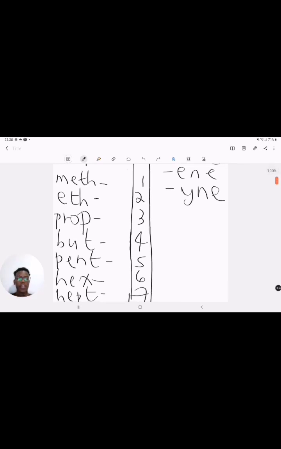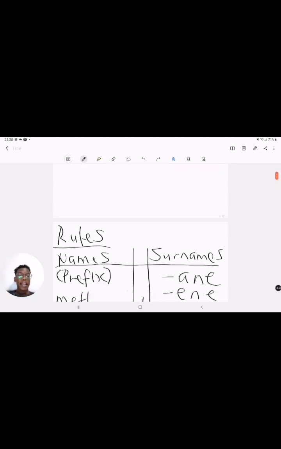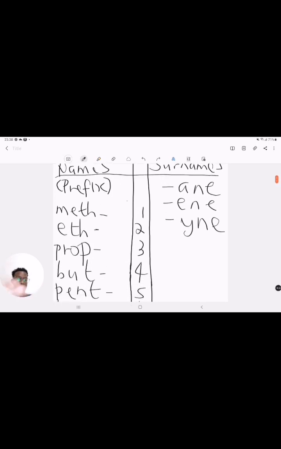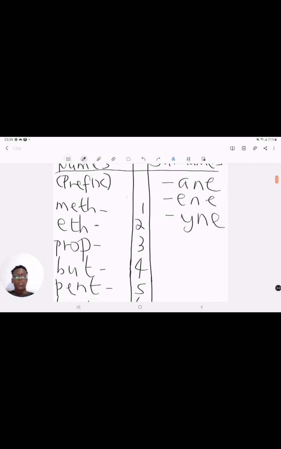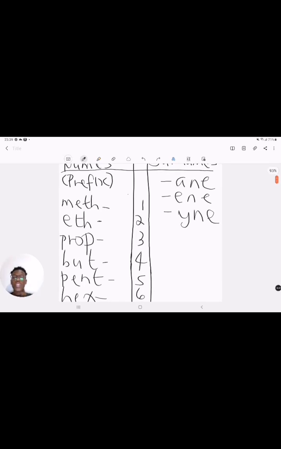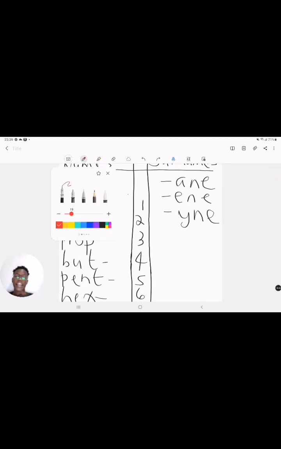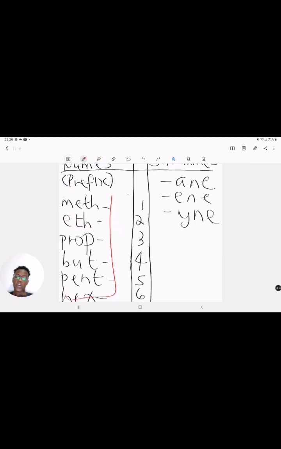Please remember this, right? Now, for alkyl groups in this video, let's for a moment forget about the other side of the table. Let's focus on just this side of the column. So for your alkyl groups, the left column still applies, but the last part of the name now is -yl.